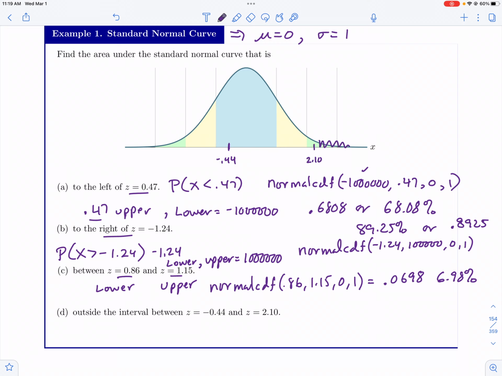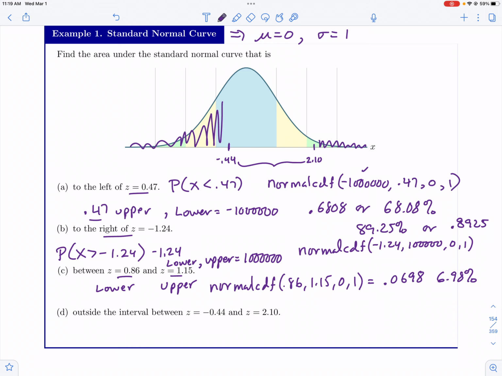So we're actually looking for this section over here and this section over there. So you could do this one of two ways. You could calculate the normal CDF below negative 0.44 and then the normal CDF above 2.10 and add them together, and that would work perfectly fine. Or you could calculate the probability in between them and then subtract that from 1 to get those outside probabilities. So again, you can do this either way.